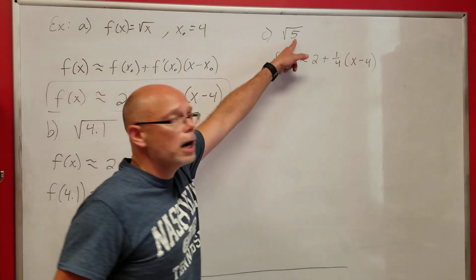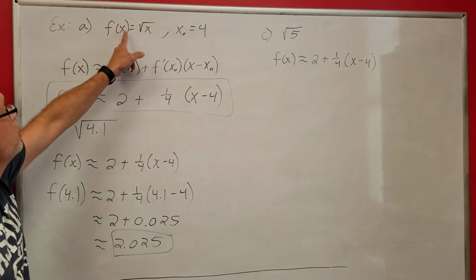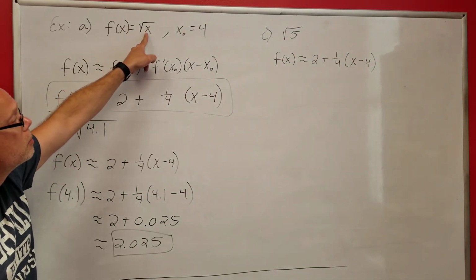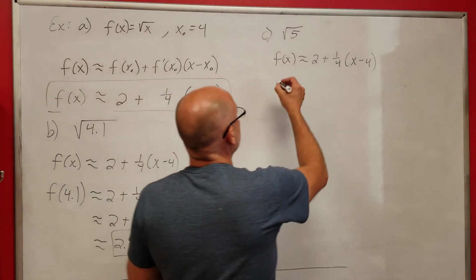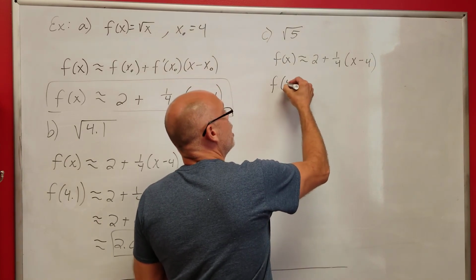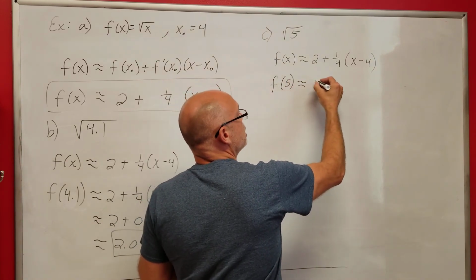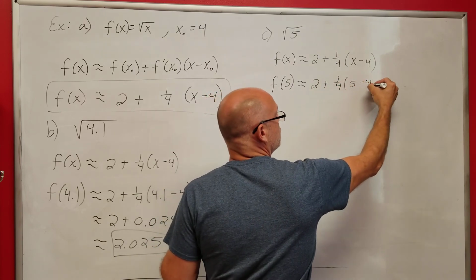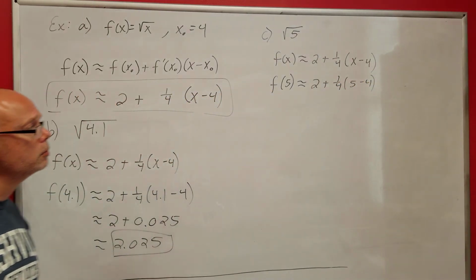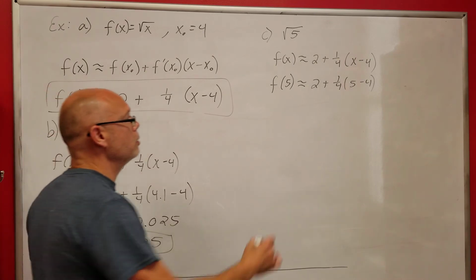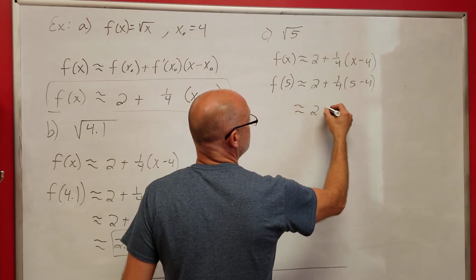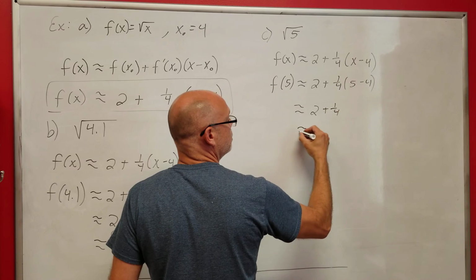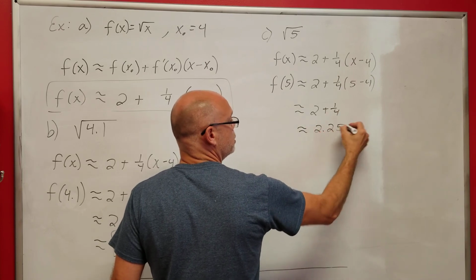And what is this 5 in place of in my original function? It's in place of x. So f of 5 is approximately 2 plus 1/4 times 5 minus 4. Well, what does that give you? 2 plus 1/4, or about 2.25.